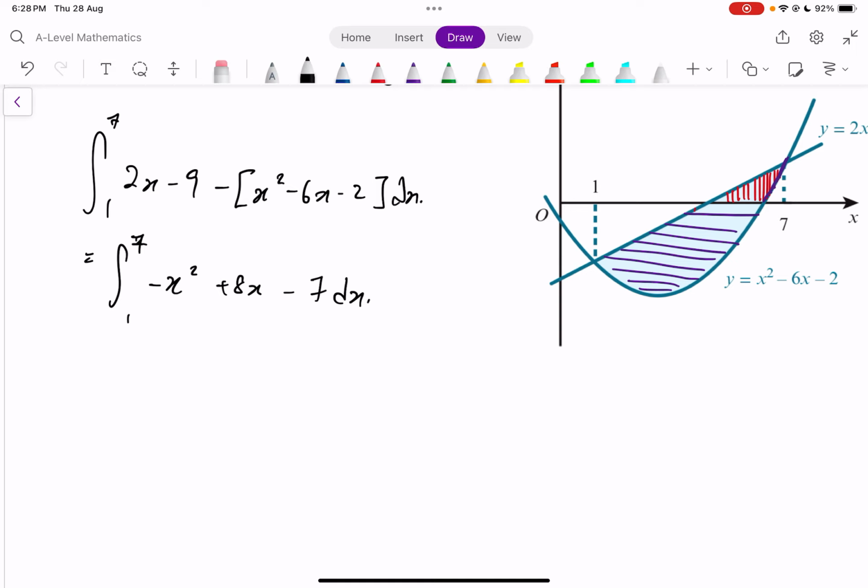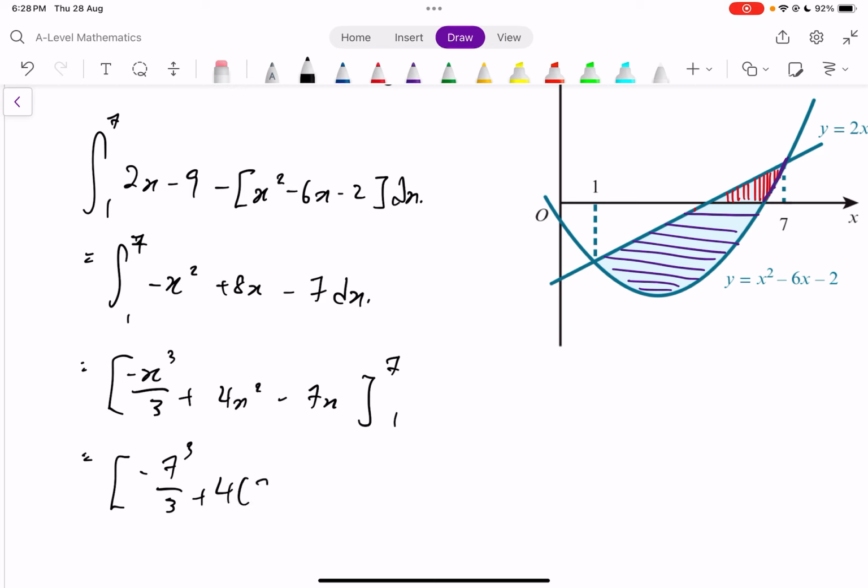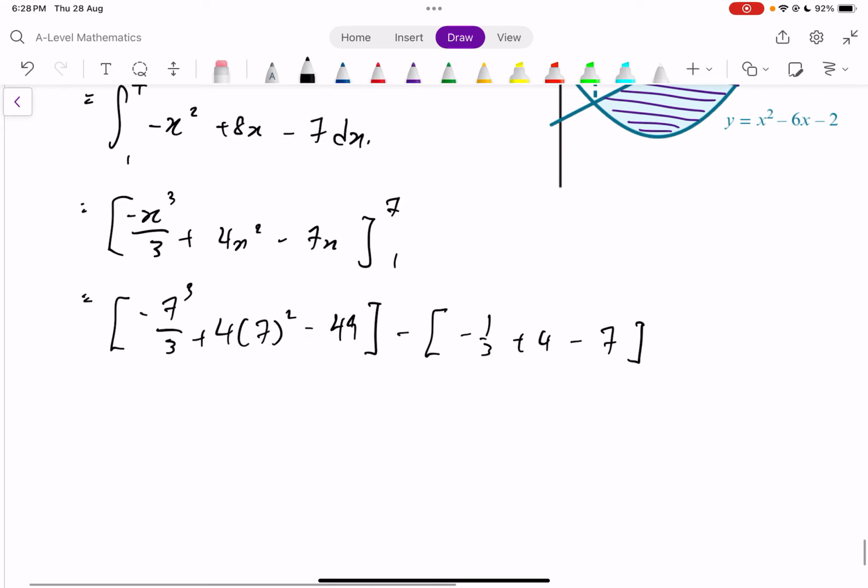Integrating this, the answer to this question will be 36.